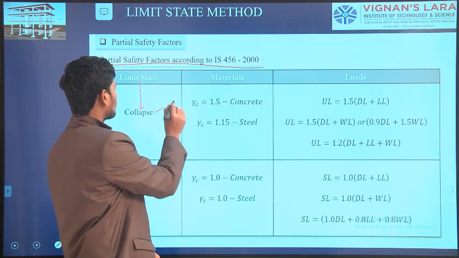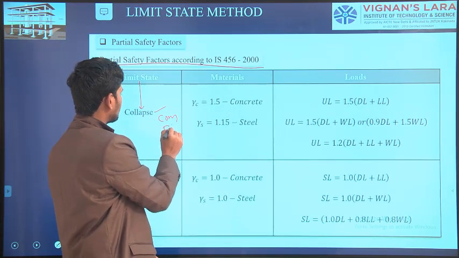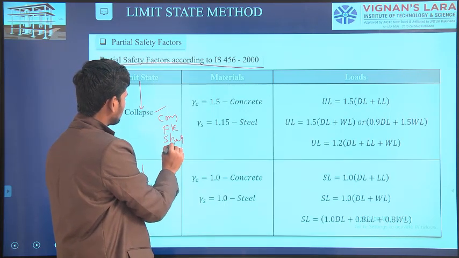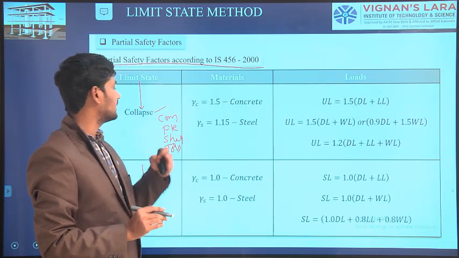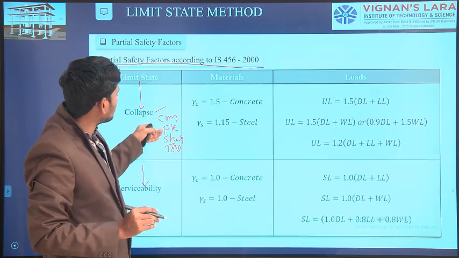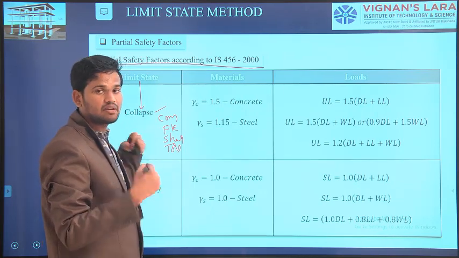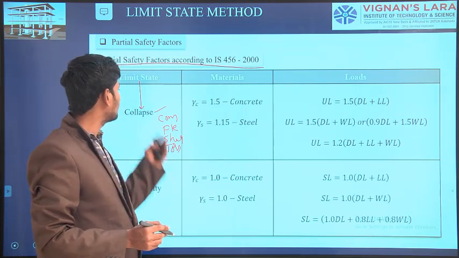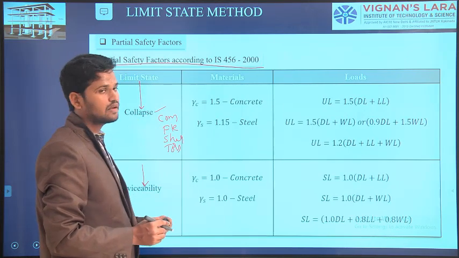In limit state of collapse, we are considering compression, flexure, shear and torsion. That means the member, due to the loading condition, may be subjected to any of these forces: compression, flexure, shear or torsion.